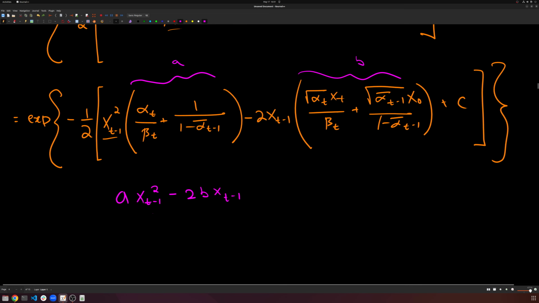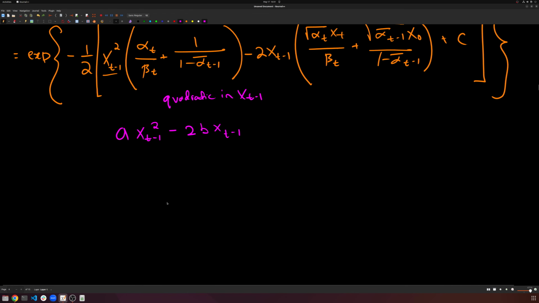Now, this looks all well and good. It's a quadratic in xt minus 1. But this is not a very helpful form for us. To get this to look like what you'll see in the paper, we have to do something called completing the square. If you don't remember what completing the square is, you learned all about it in your basic algebra class.